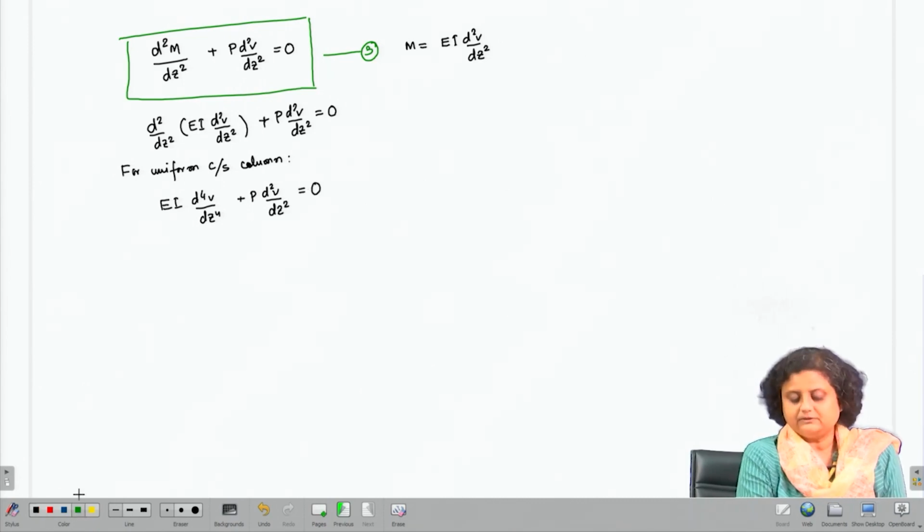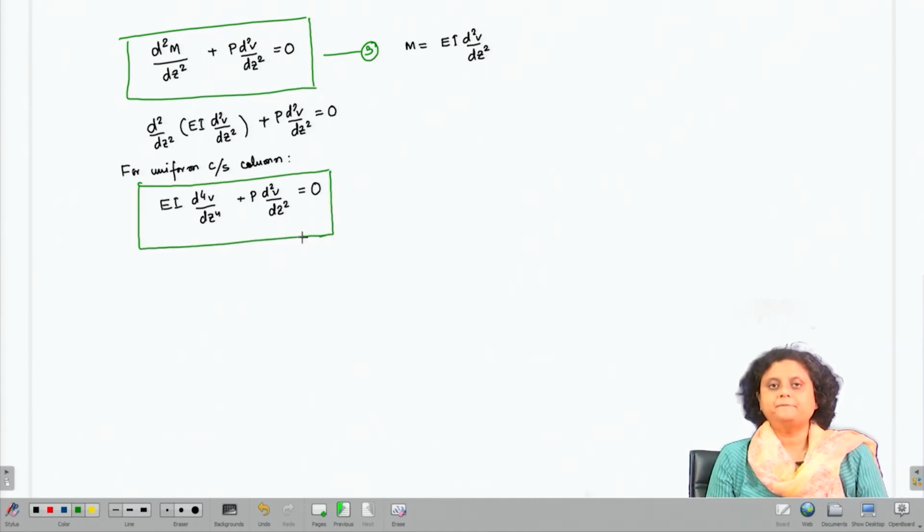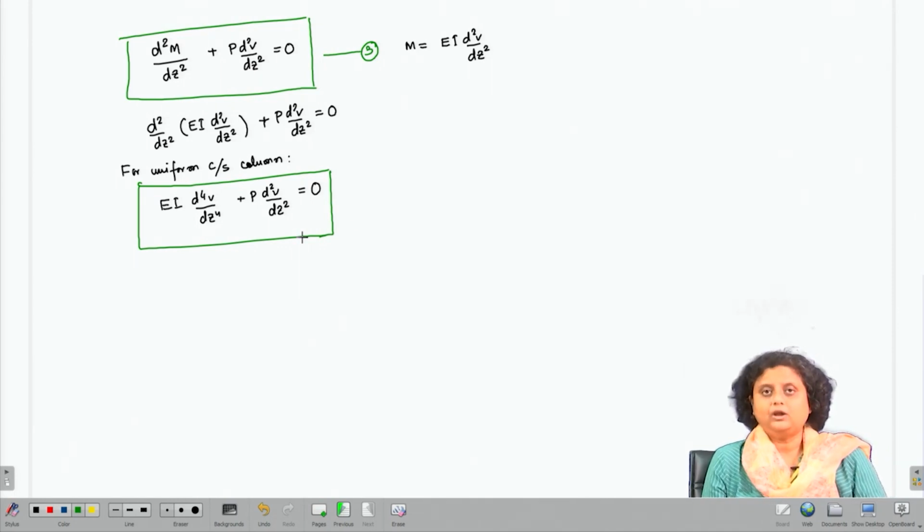So, this is the final governing equation for buckling for any arbitrary end condition. For a pin column this was a second order equation, whereas here it becomes a fourth order equation. It was a second order equation in case of a pin column because there was no shear force associated in a pin column, whereas here there would be a shear force associated.